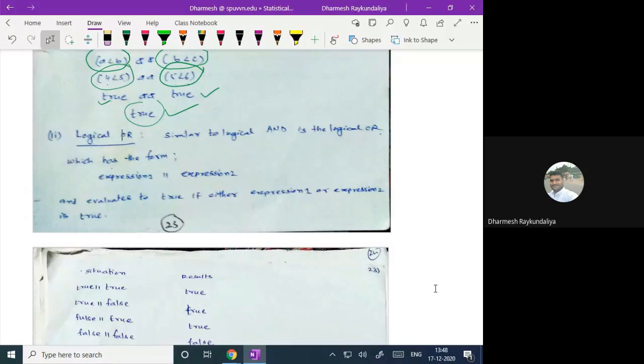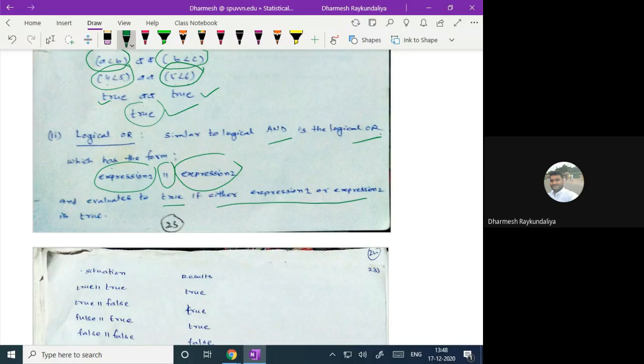Now we talk about the logical OR. Similar to logical AND, logical OR has the following syntax: expression 1, then logical OR, and then expression 2. And it equals true if either expression 1 or expression 2 is true.